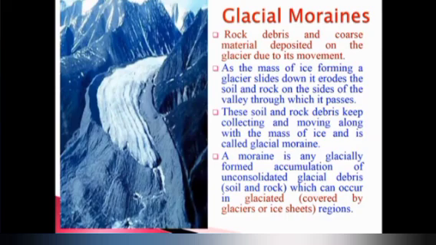A moraine is any glacially formed accumulation of unconsolidated glacial debris, which means soil and rock, which can occur in glaciated, which means covered by glaciers or ice sheets, regions.